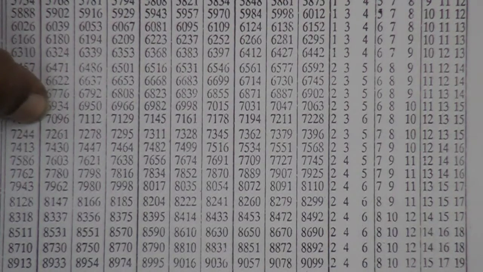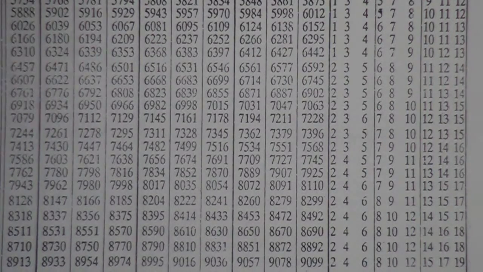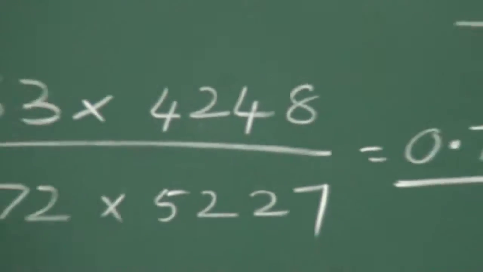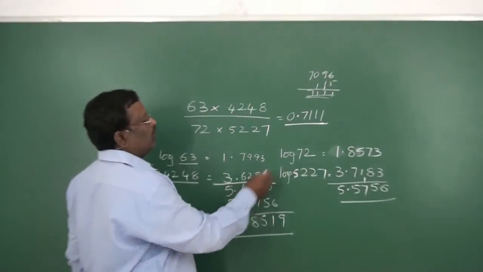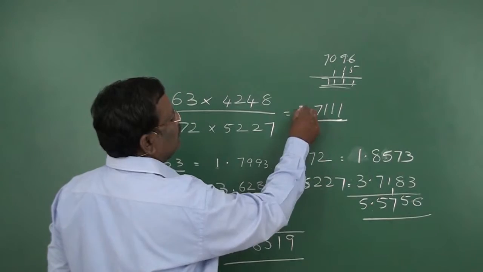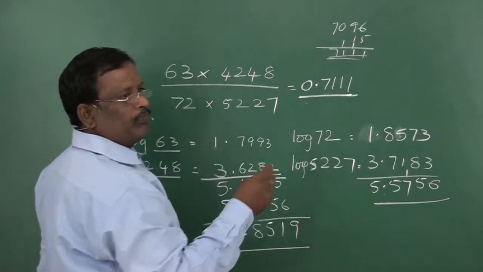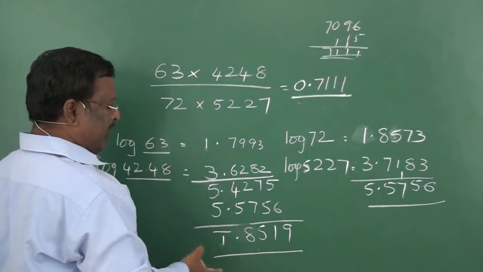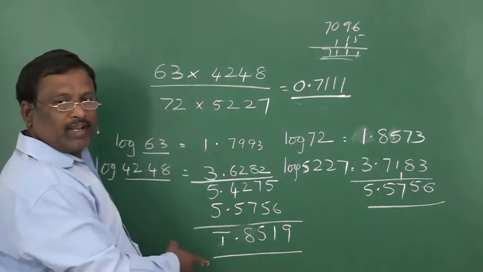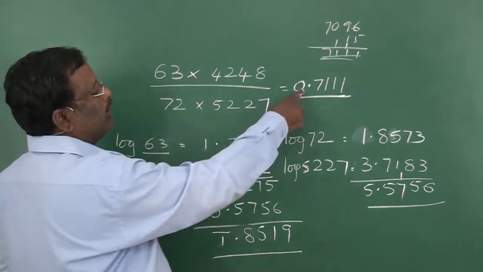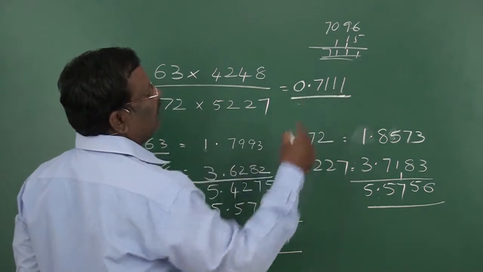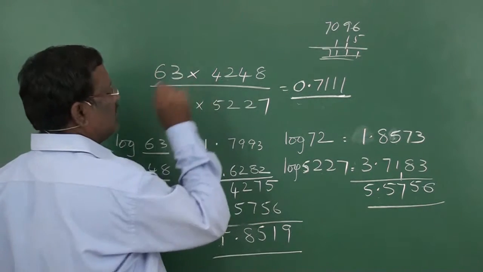Since the characteristic is bar 1, you will get 0.7111. If the characteristic is minus 1, you should write 0 point, because there is no numerical before the decimal. Here n is equal to 0, so n minus 1 will be minus 1. So the characteristic is minus 1. Here you have to write 0.7111. This is the answer for this problem.